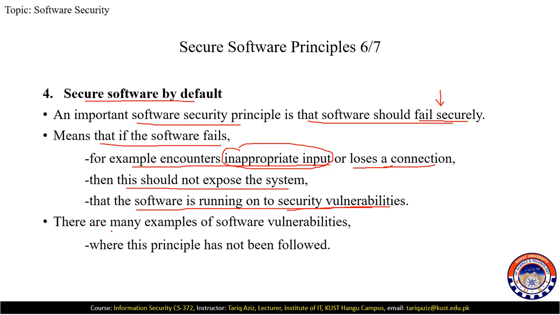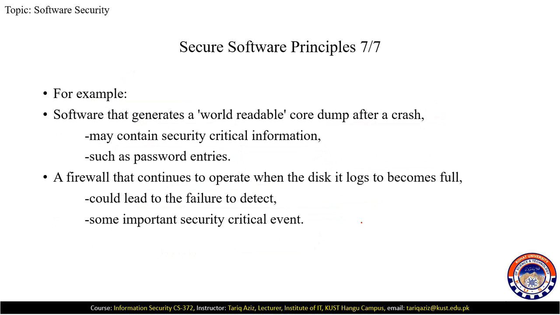Now, there are many examples of software vulnerabilities where this principle has not been followed. Or we can say, if you don't follow this principle, then what will be the consequences? On the next slide, there are two examples, and just focus on the consequences.